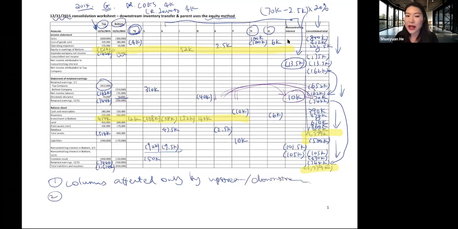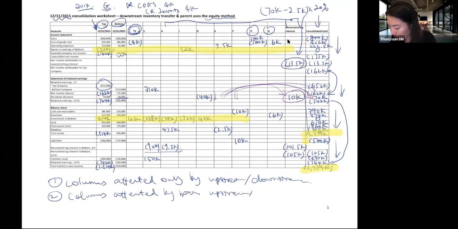And the second one is, compare these 4 worksheets, and which are the columns affected by both upstream, downstream, and the method used by the parent.